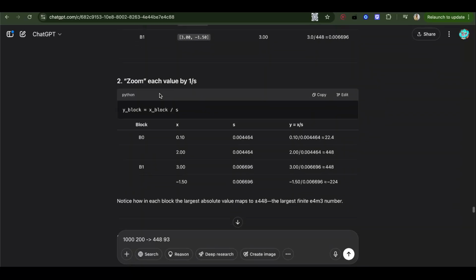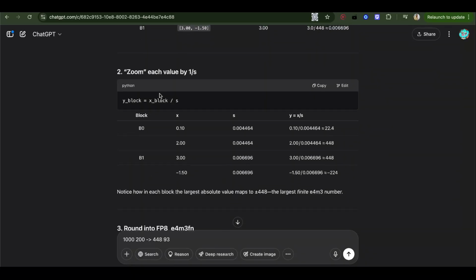Now that we have the scale factors, we will just divide the entire block by the scale factor. So this will scale the entire block so that the largest number is 448, and all of the other numbers are scaled accordingly to keep their relative magnitudes the same relative to each other.